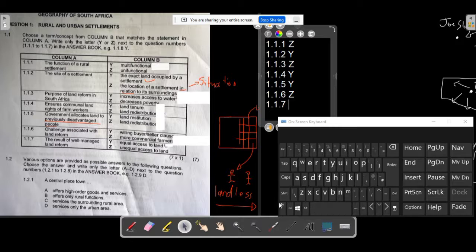We are reason here in geography. Let's head on to the next question, 1.9.7. So the result of well-managed land reform. Okay, well-managed land reform. So what is the result? Is it equal access to land, or unequal access to land?